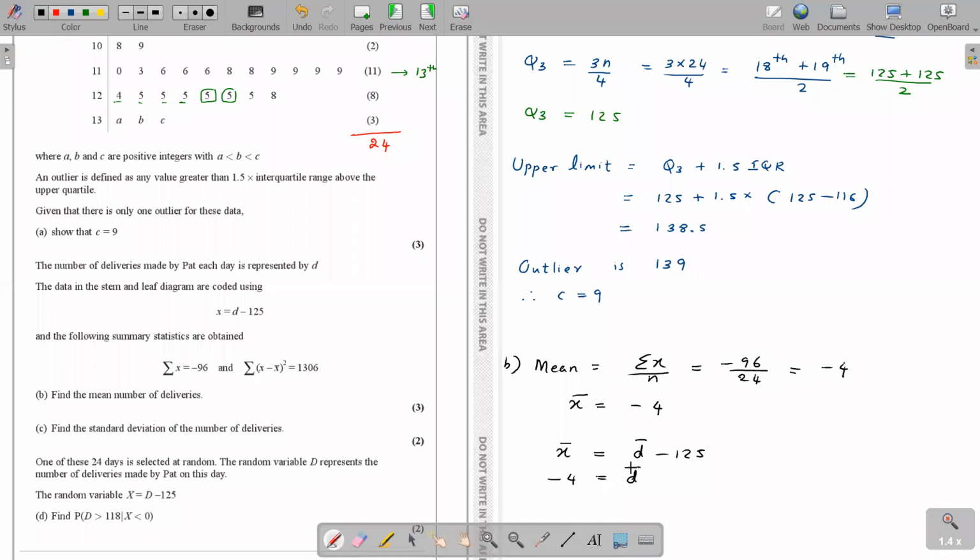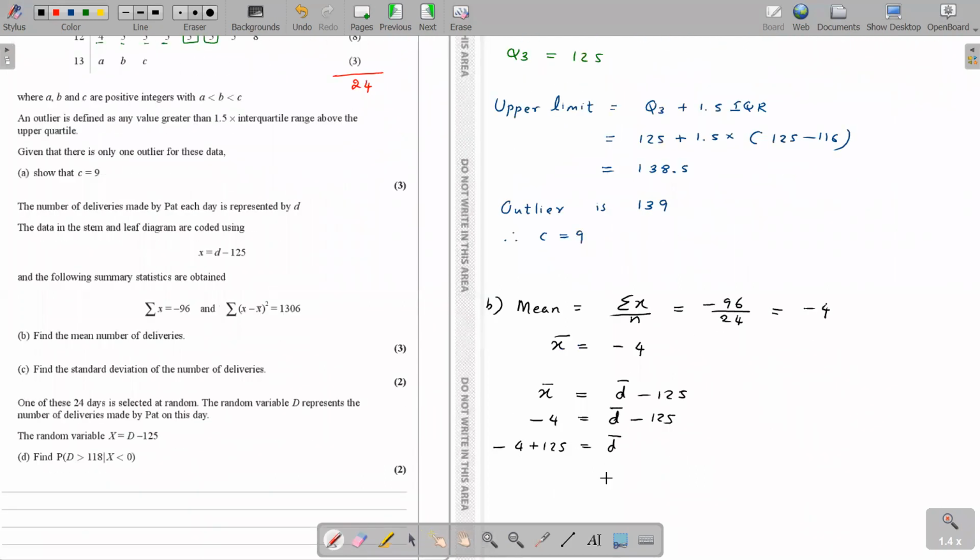I want to find the mean for the deliveries, D bar. So minus 4 plus 125 gives me the D bar, which is 121. So the mean number of deliveries is 121. Is that clear? This is using coding.